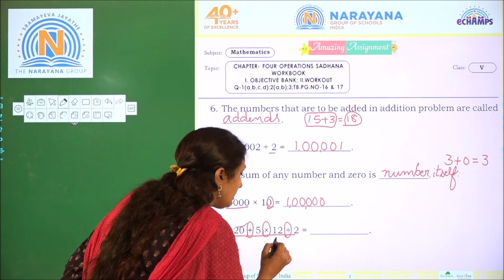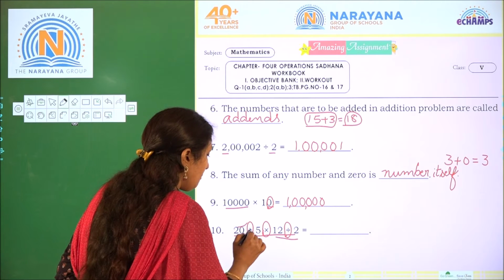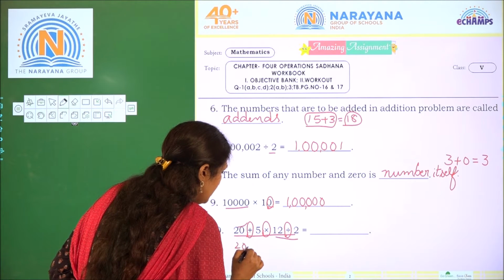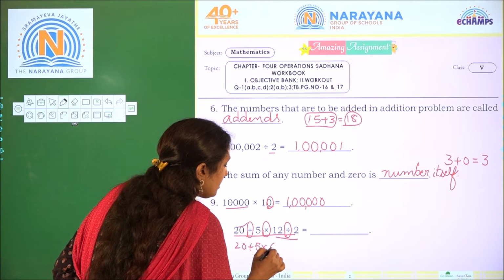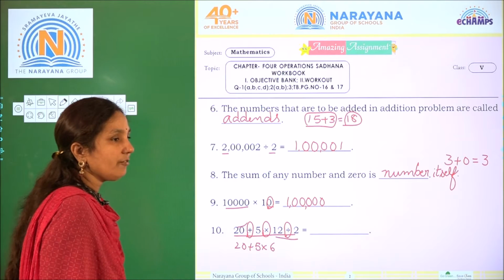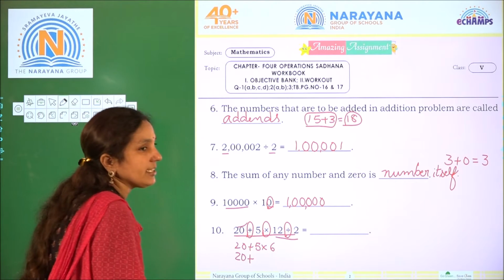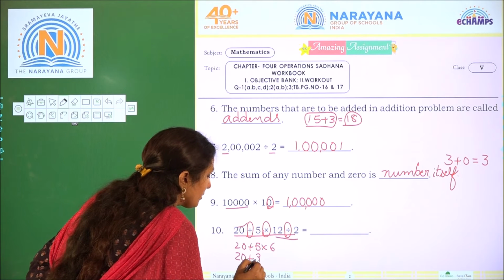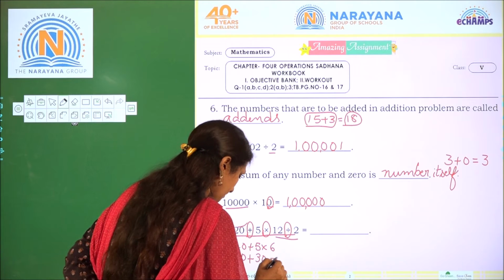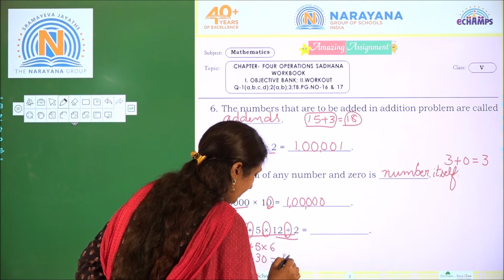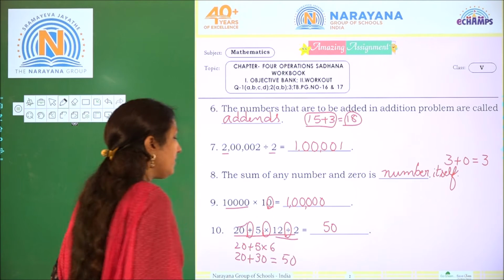So first do 12 divided by 2, that is 6. Then 5 into 6, 5 6s are 30. So 20 plus 30 equal to 50. The answer will be 50.